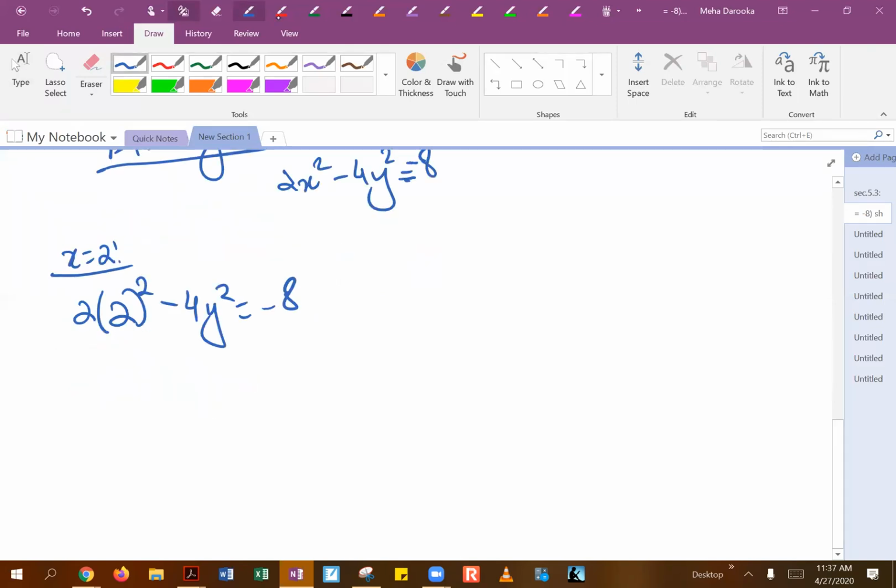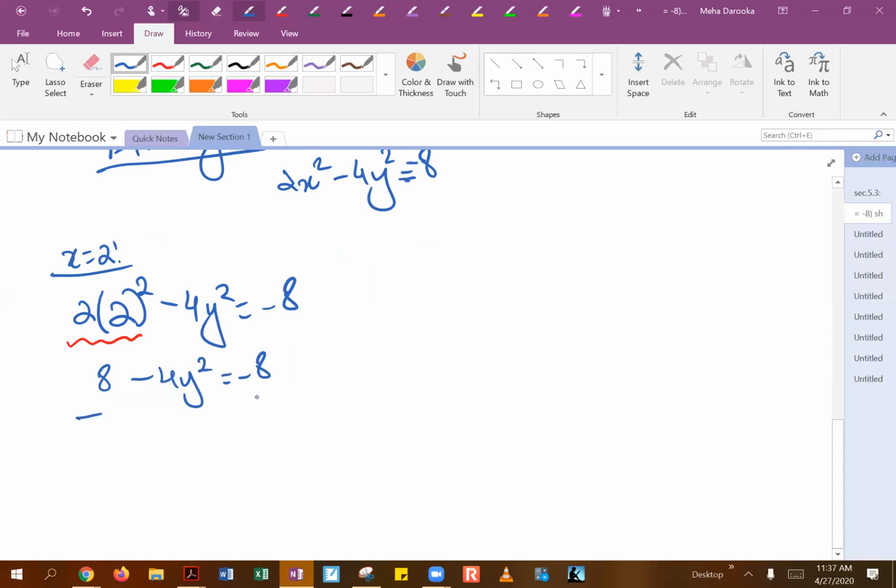So what will this portion give us when we simplify it? 2 times 2 squared. Yeah, very good, Beatrice. 2 times 2 is 4. 4 2s are 8. Minus 4y squared equals negative 8.